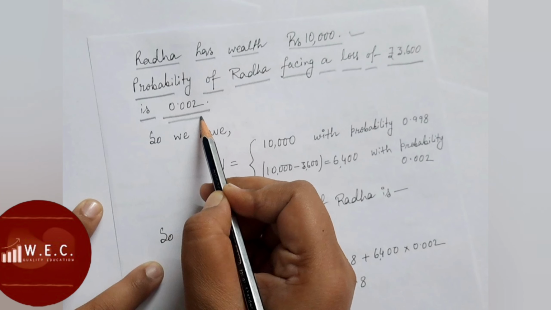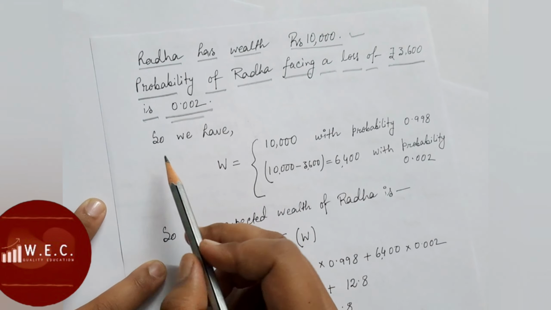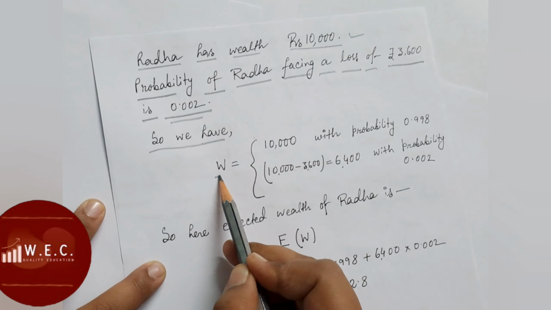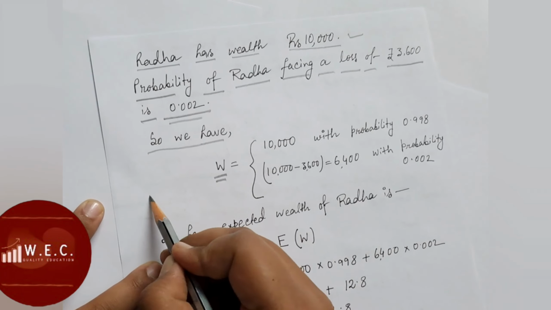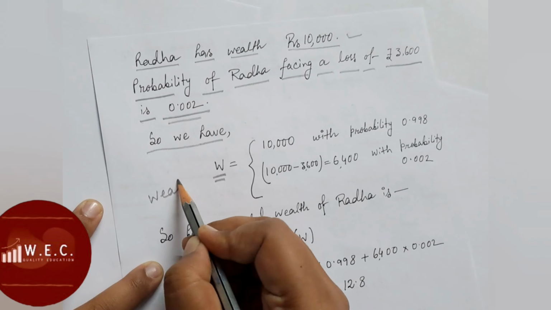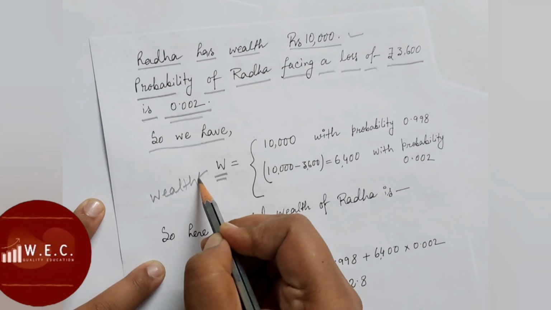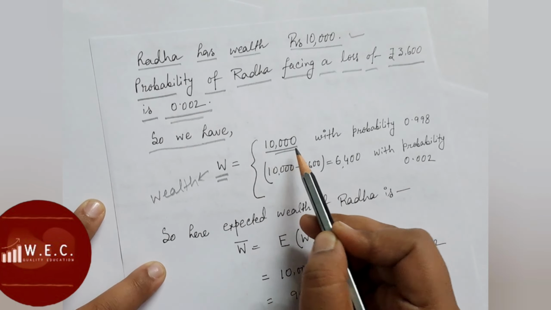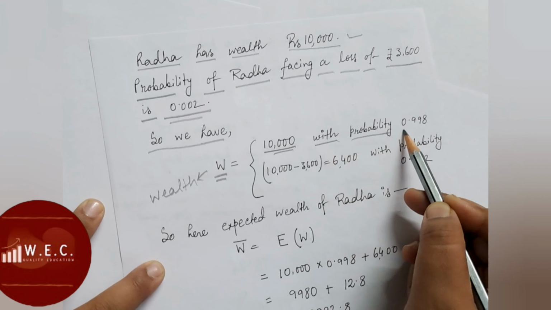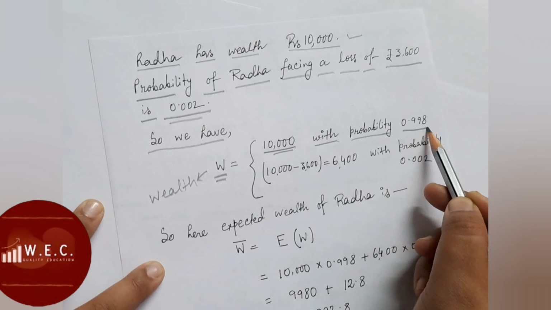So we have the wealth equals to 10,000 with probability 0.998, 1 minus 0.002 equals to 0.998. 0.998 is the probability of Radha having no loss.